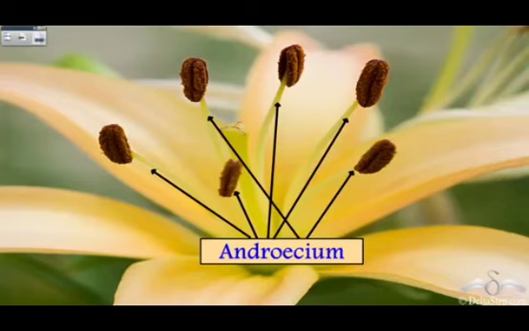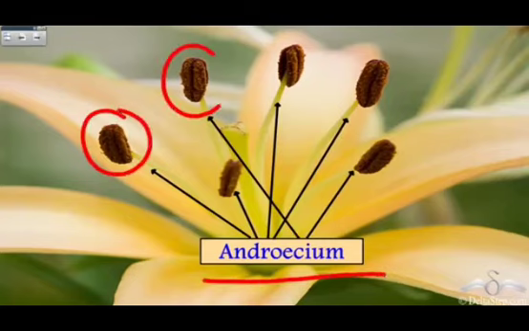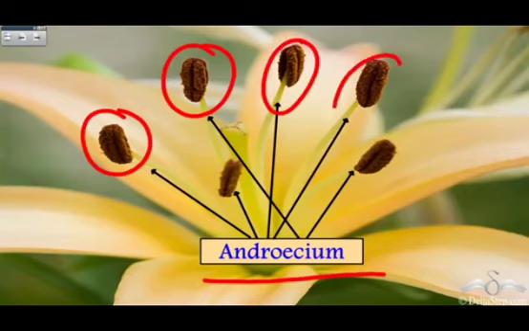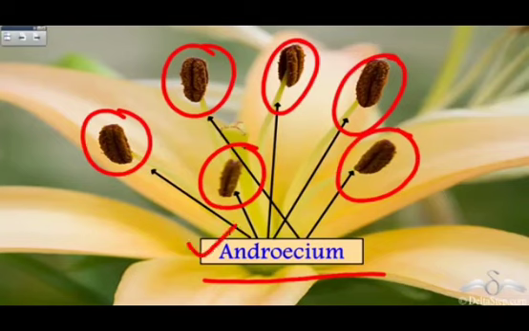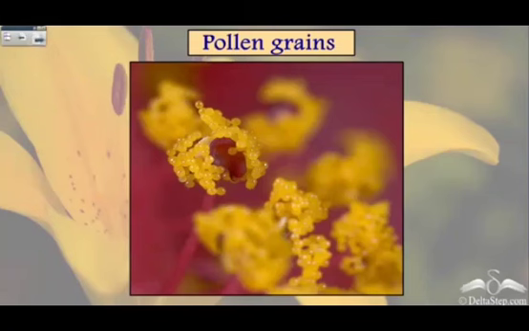So, here we see the androecium. All of these stamens together have formed the male reproductive part of a flower, which is known as androecium. Now, if you see over here, the anther, which is the head of the stamen, produces these small yellow tiny structures.